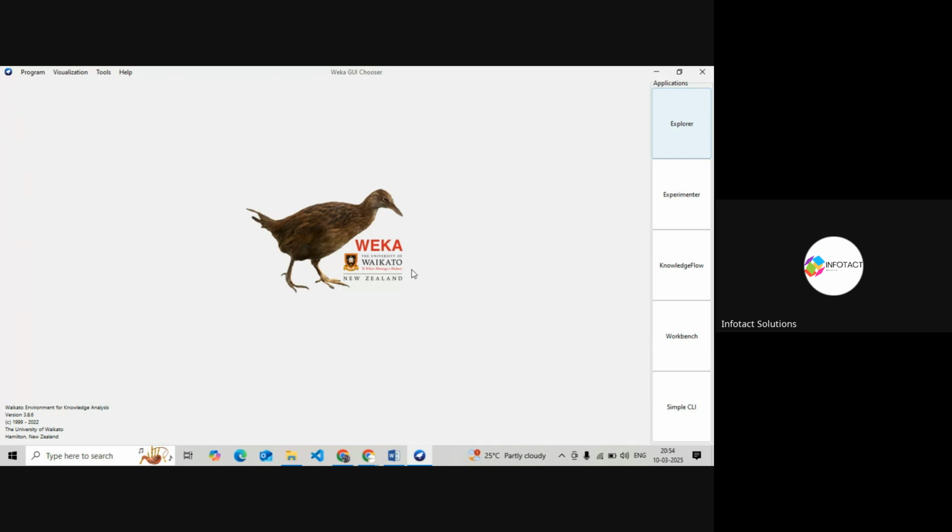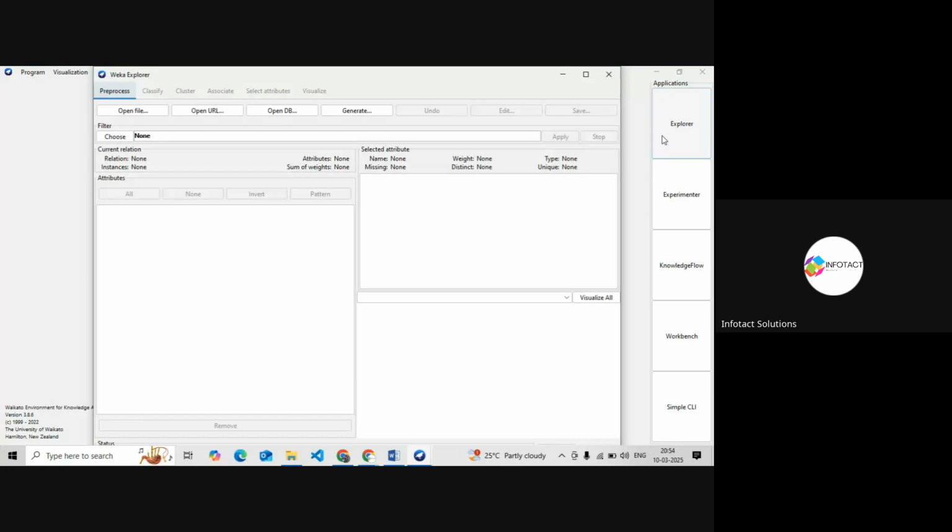What are the key components? Here, you can see the key components. It consists of several important components for different tasks in machine learning and data analysis. Explorer: if you click over here, it is the primary graphical interface for Weka.